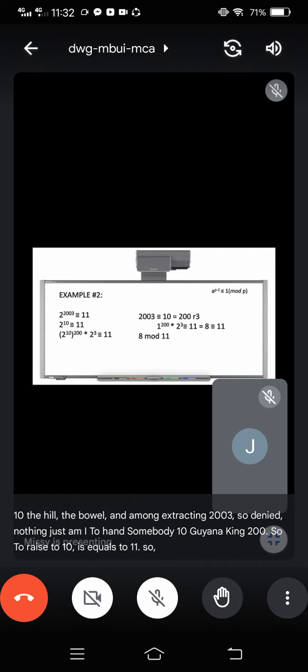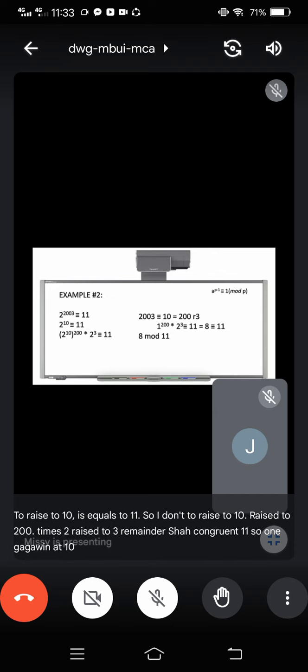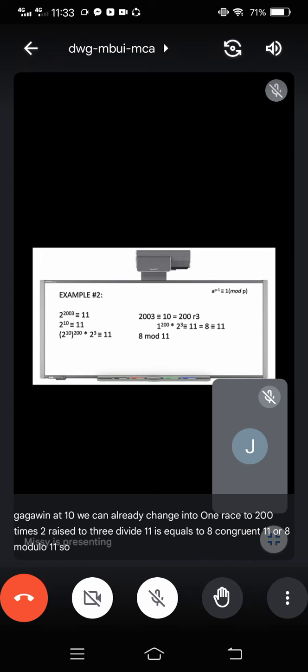So, 2 raised to 10 raised to 200, times 2 raised to 3, is congruent modulo 11. We can change it into 1 raised to 200 times 2 raised to 3, which is 8 modulo 11. Yun po yung answer.